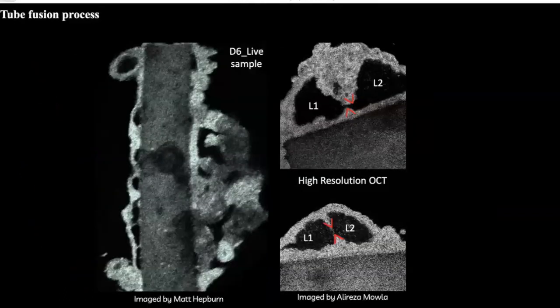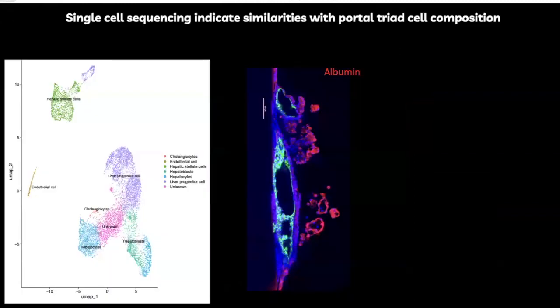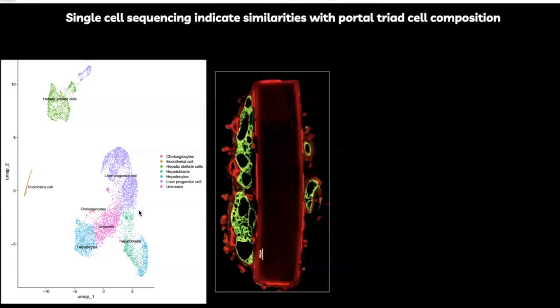Now, our surprise, or what was not expected at the start of the project, was when we did single cell sequencing at day 8 of these organoids. It was showing that not only did we have cholangiocytes, which are these, where are the cholangiocytes?